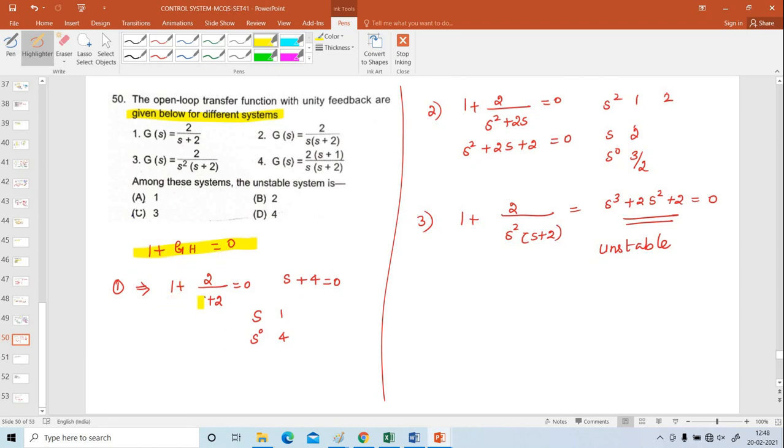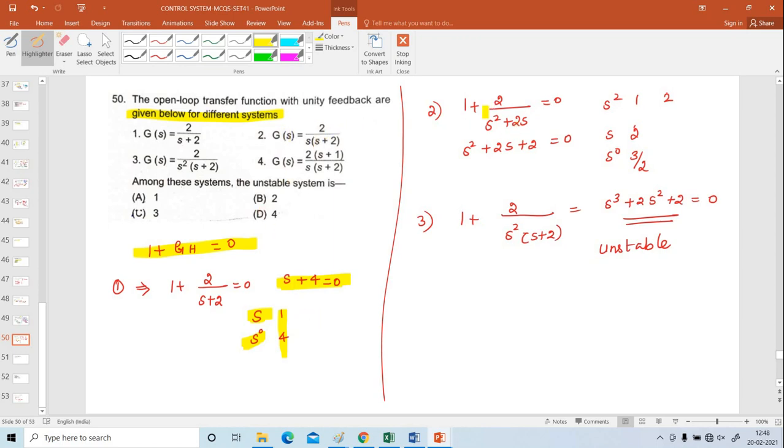So 1 plus 2 by (s plus 2) equal to 0, so s plus 2 plus 2, that is s plus 4 equal to 0. Next apply the Routh stability criterion: s power 1 and s power 0 give 1 and 4. Both are positive, so all the roots are in the left half of the S plane. So the system is stable.